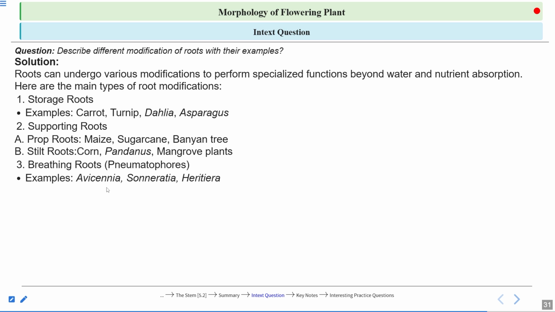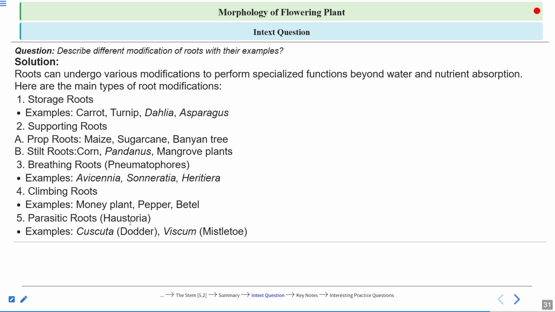Sometimes questions are asked from this: Avicennia, Sonneratia and Heritiera are some of the examples. Climbing roots: money plant, pepper, betel, that is the paan. And parasitic roots: Haustoria, Cuscuta, dodder, Viscum, mistletoe. So these are parasitic roots also.